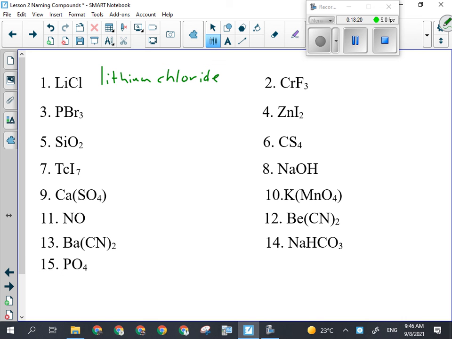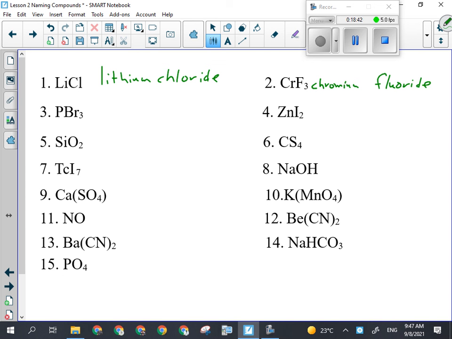Number 2, ionic or molecular? Ionic. Chromium is a metal. Does chromium have more than one possible charge? Yes. So this one is going to require a Roman numeral. So this is going to be chromium, and then we'll leave a little space for the Roman numeral, fluoride.